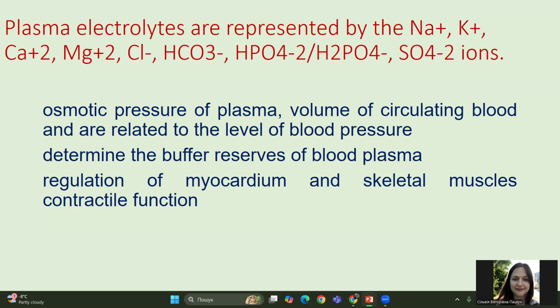Oncotic pressure is part of osmotic pressure. They also maintain the circulating blood volume, which is related to the level of blood pressure, determine the buffer reserves of blood plasma, and regulate myocardium and skeletal muscle contractile function.